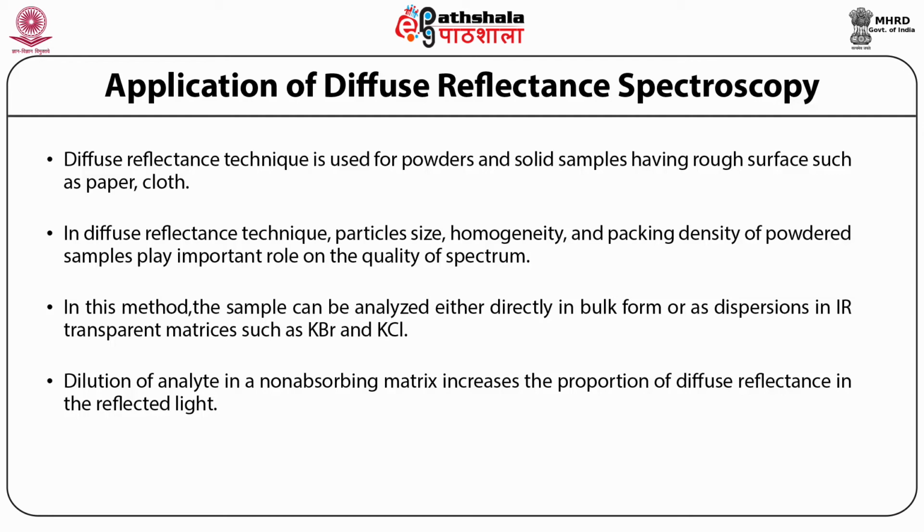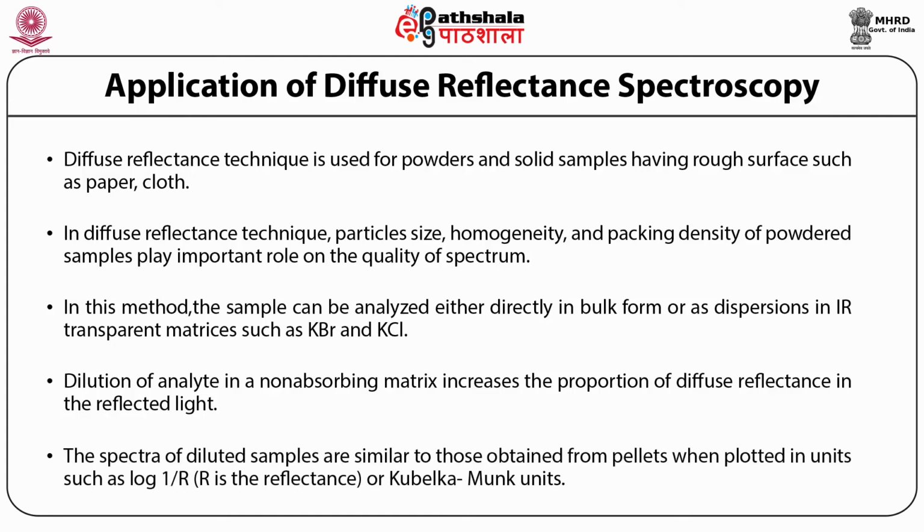So typically, the solid sample is diluted homogeneously to 5 to 10% by weight in KBr. The spectra of diluted samples are similar to those obtained from the pellets when plotted in units such as log of 1 by R, where R is the reflectance, or Kubelka-Munk units.